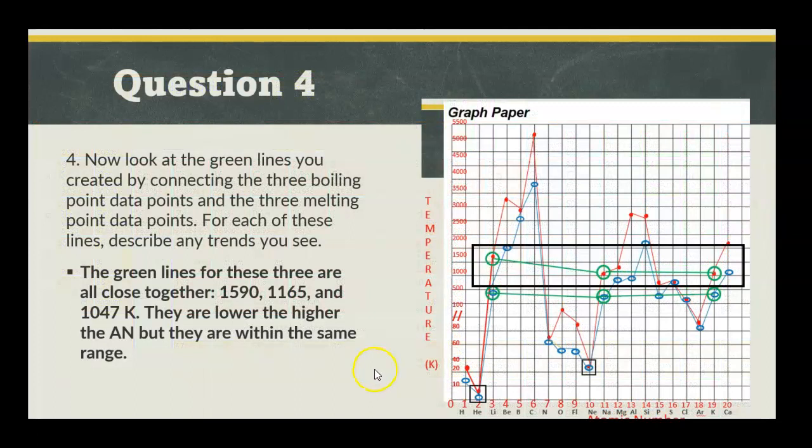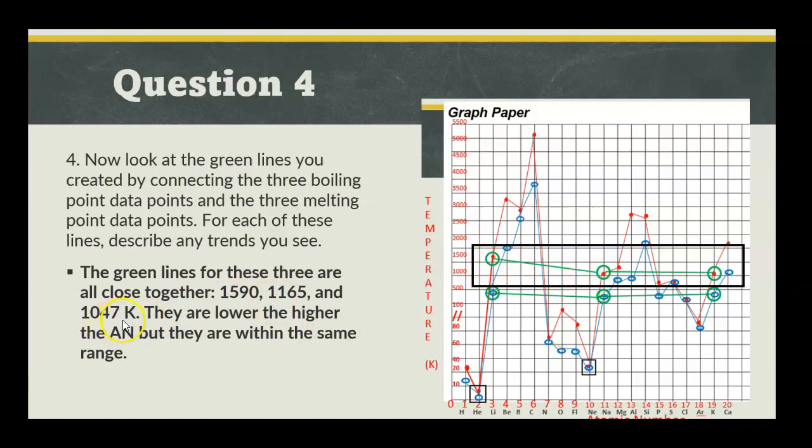All right, so if we go into question 4, it says, look at the green lines you created by connecting the boiling points and the melting points. So we're looking at this specifically, where we did those green lines. It says, for each of these lines, describe any trends that you see. If we look at the boiling points, we can see that they're pretty close together, right? We see a trend there for these 3 elements: 1590, 1165, and 1047 Kelvin.